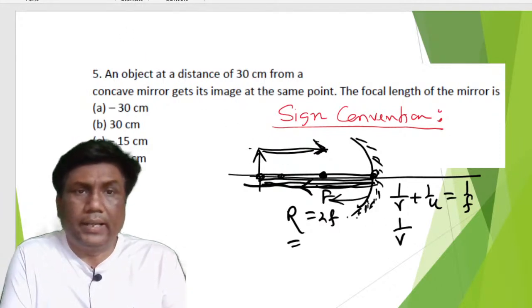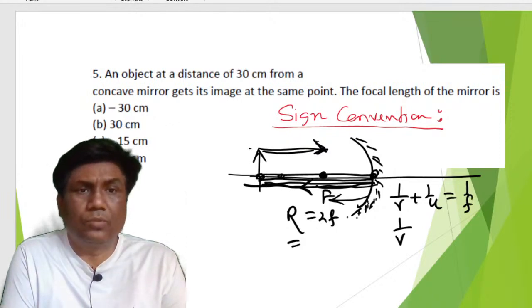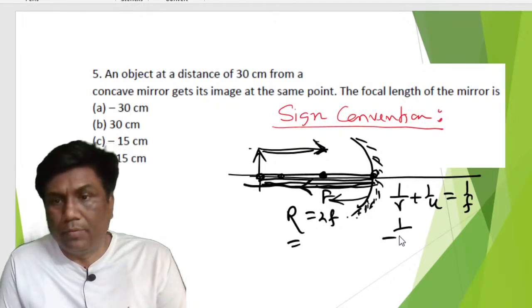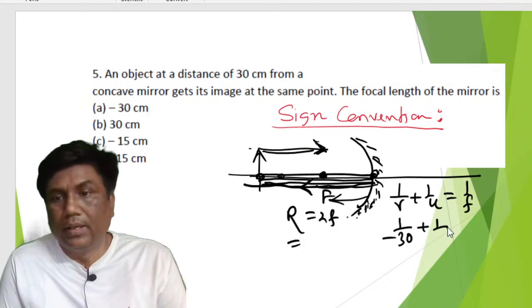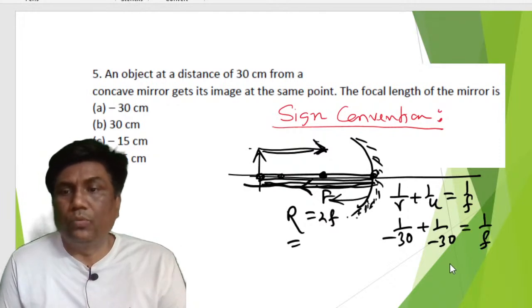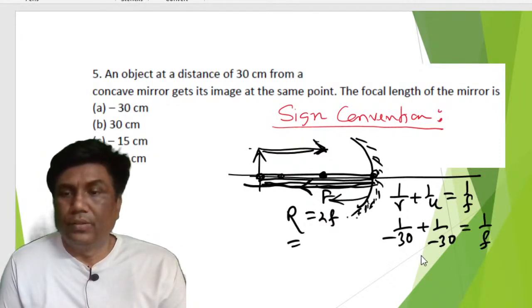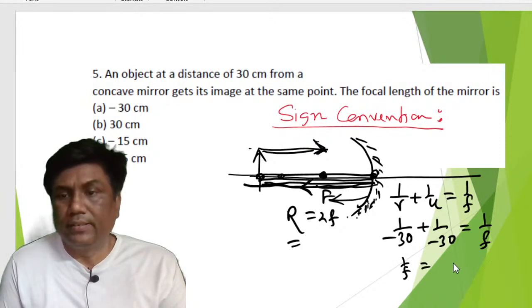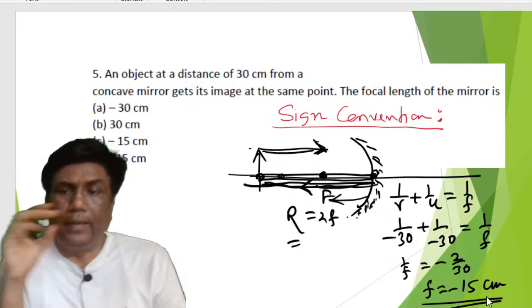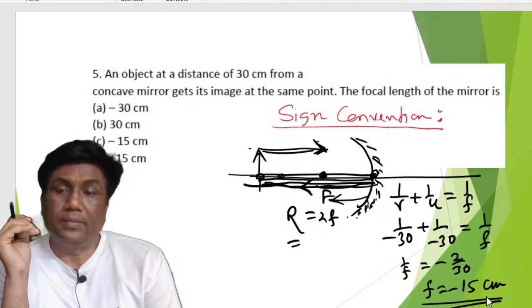So directly we can put the value: the image is also formed at minus 30, and the object is at minus 30. So 1 by focal length is minus 2 by 30, so f equals minus 15 centimeter. The focal length of that mirror is minus 15 centimeter.